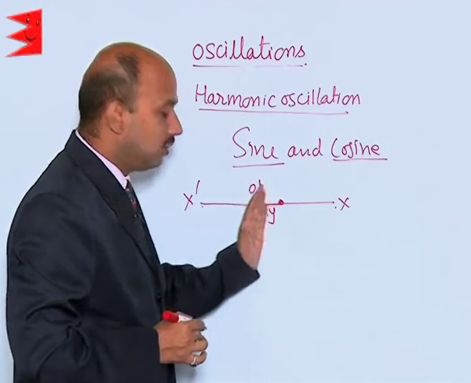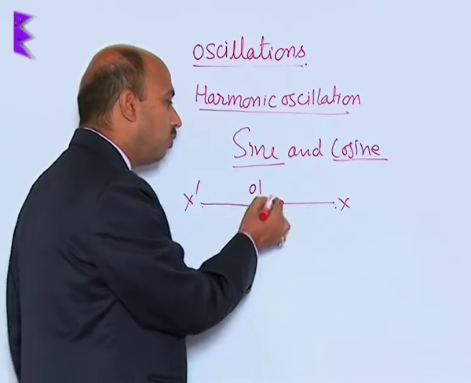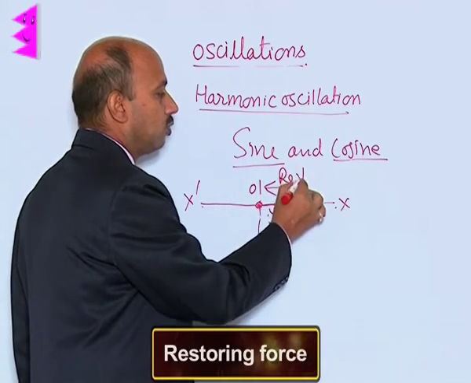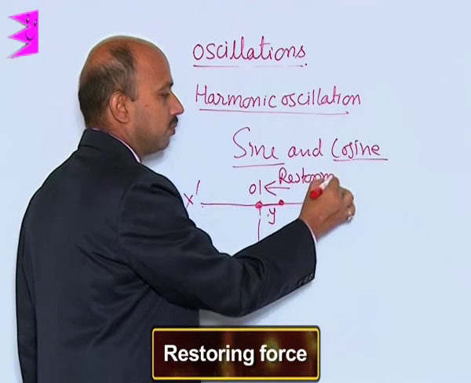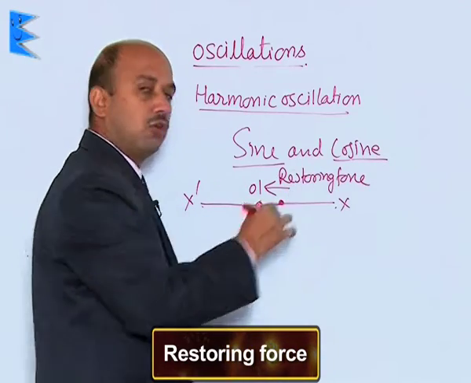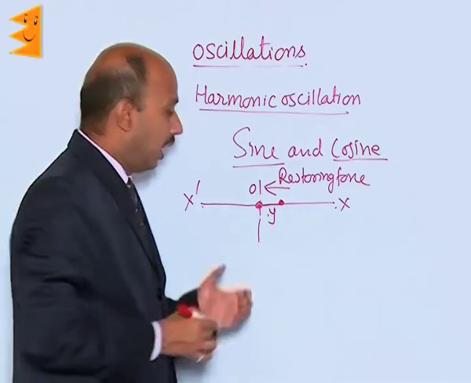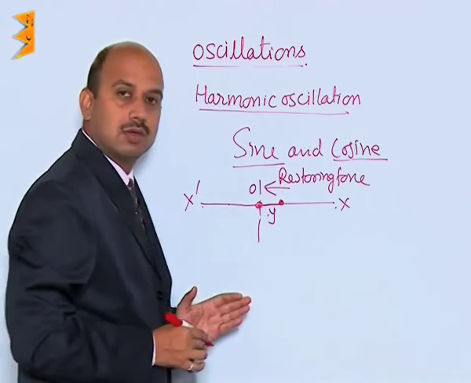When the body is displaced to this side, one force acts towards the mean position, that is called restoring force. Because of this restoring force, the body comes back to the mean position and goes to the other side.